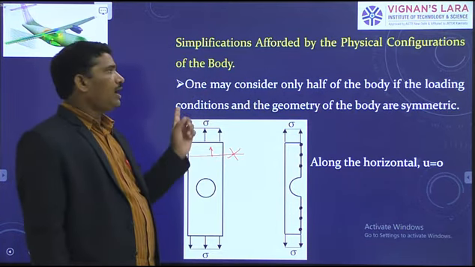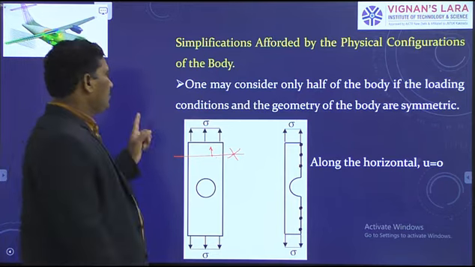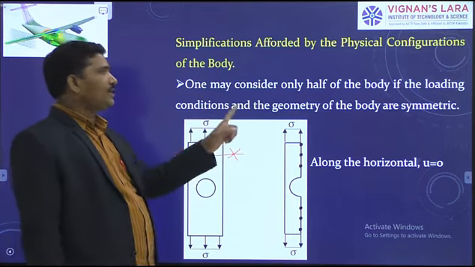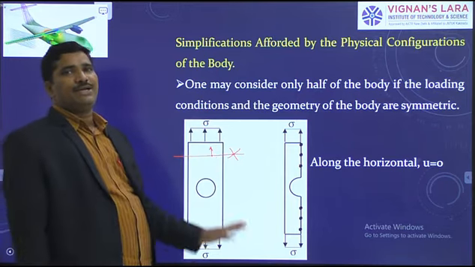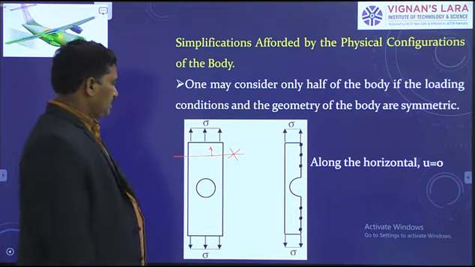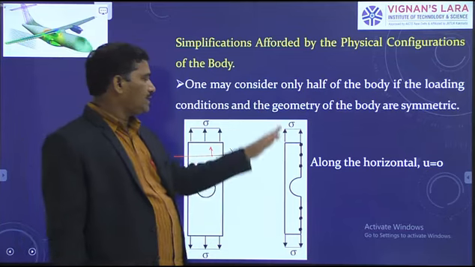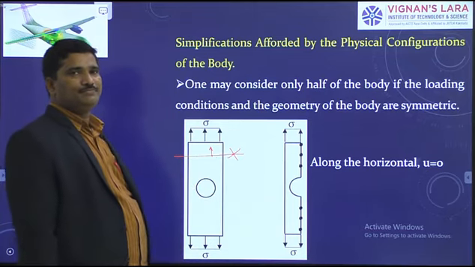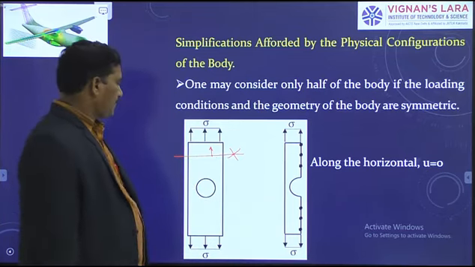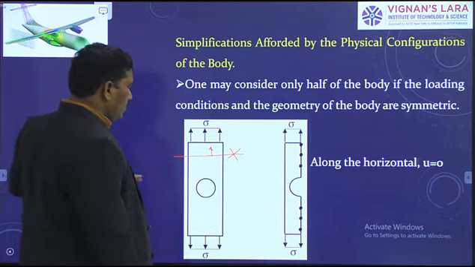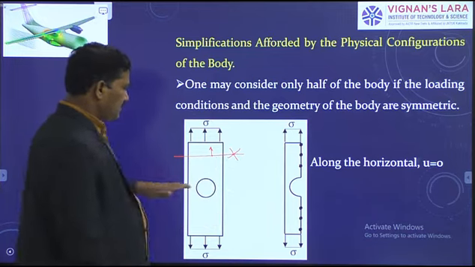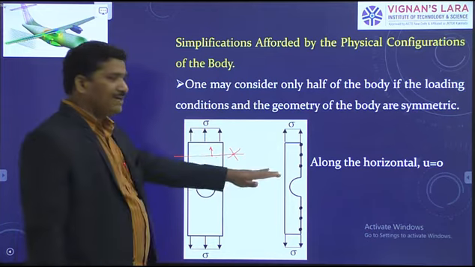One may consider half of the body if the loading conditions and the geometry of the body are symmetric. This plate has a vertical line of symmetry, therefore you can take half the plate. Right? And loading is also symmetric about the horizontal axis.